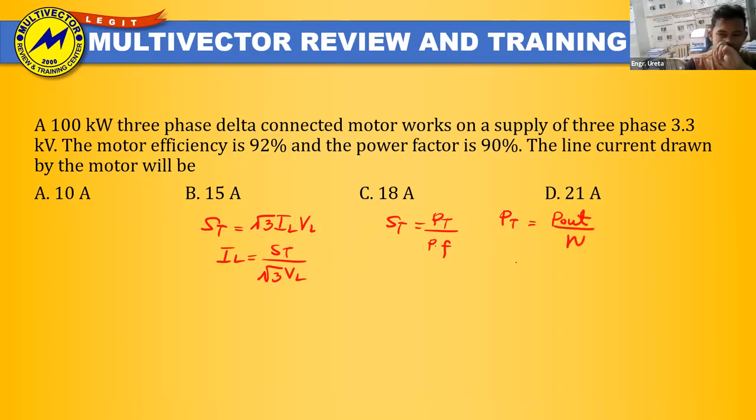Kaya pag sinolve natin yung power total muna, sir, output power is 100 kilowatt divided by our efficiency, which is 0.92. Okay, so pag sinolve natin yan, ang power total natin, okay, so 108.7 kilowatts.